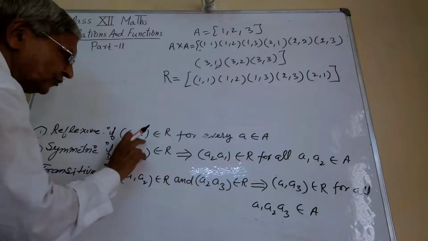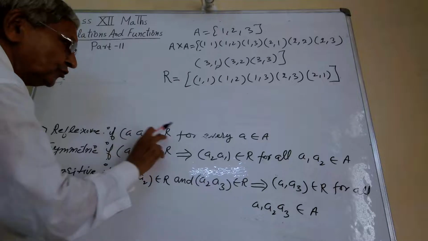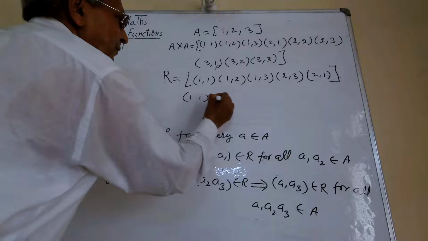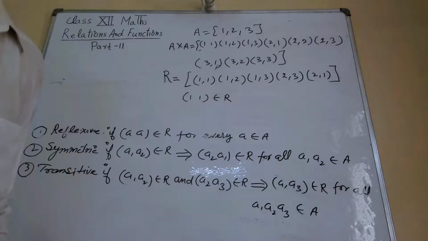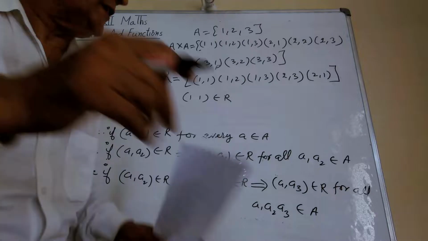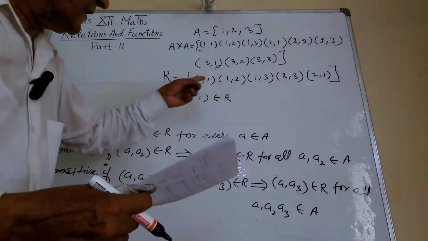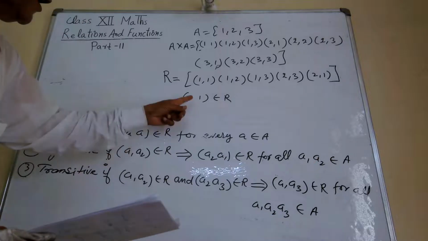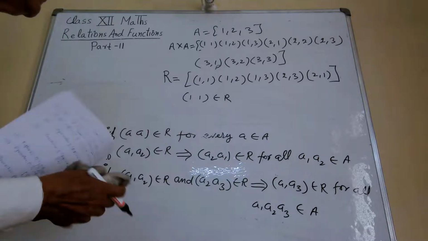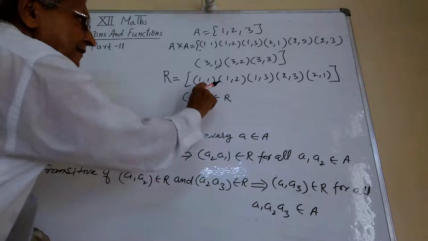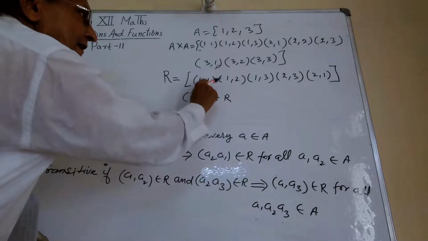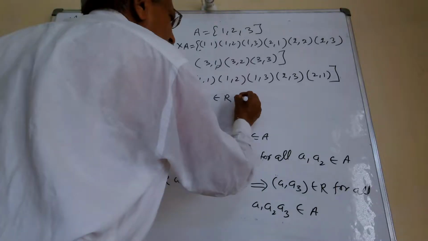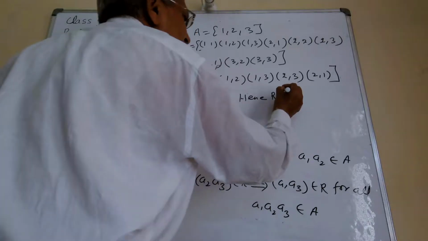In reflexive, (a, a) should belong to R. Here, we have to check whether that pair in R is present or not. This is the condition. The pair (a, a) is present in R. Hence R is reflexive.